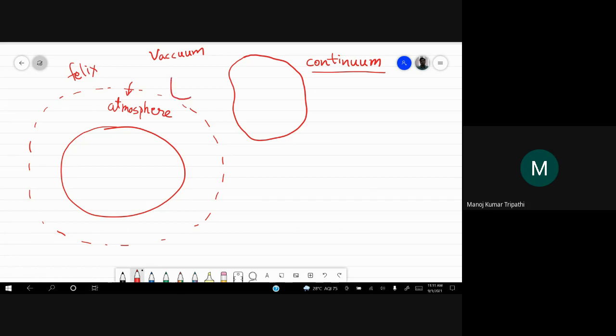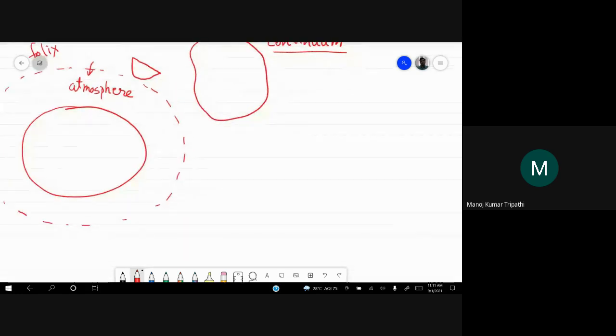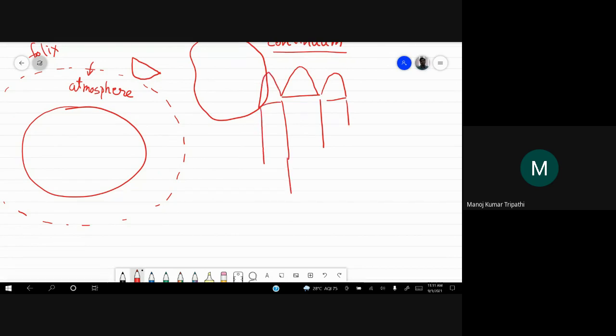So a re-entry vehicle looks something like this. This is the upper cap of this entire rocket. You might have seen a rocket. Something like this. Okay. So there are different stages in this rocket.